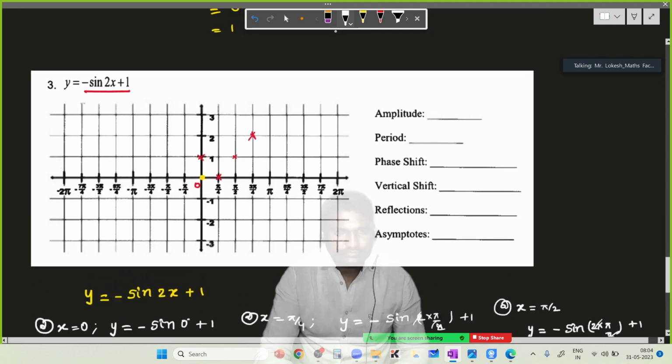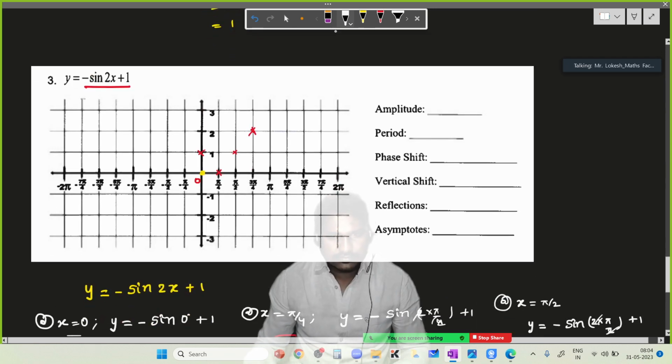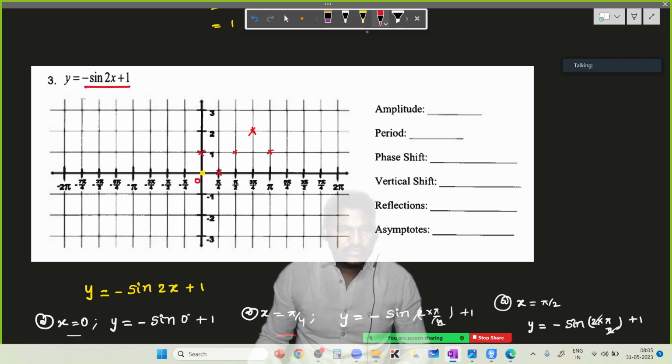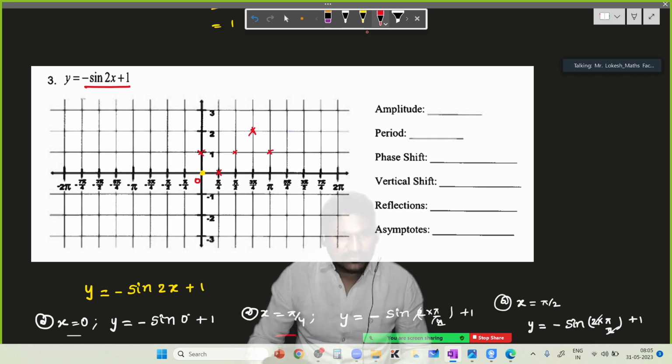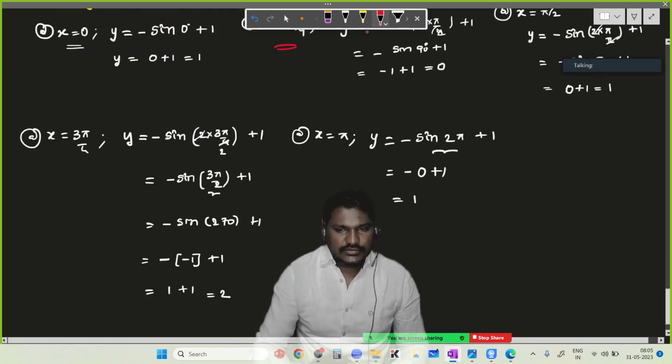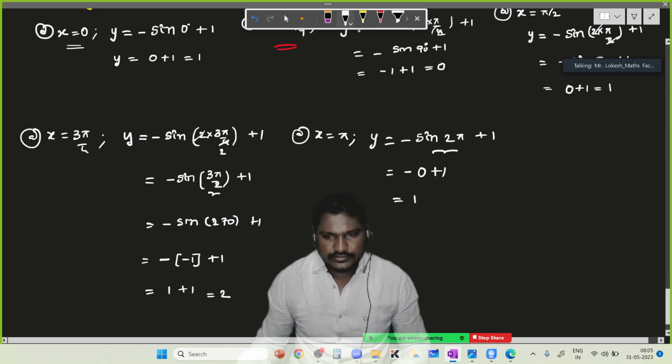So let me substitute here. At x is equal to pi, the function value is 1 again. So again it will drop to 1 here. Then we'll substitute the value of 5 pi by 4.